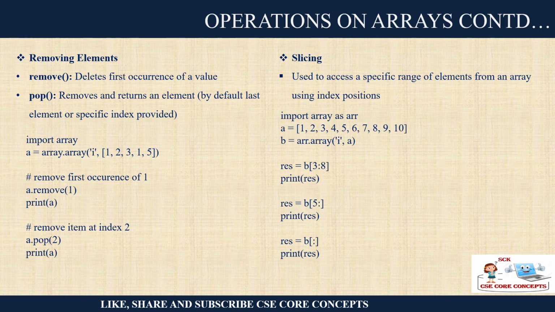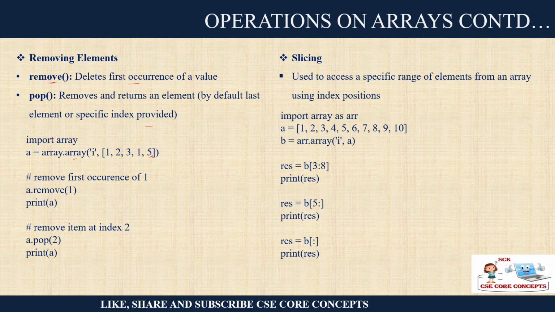If you want to remove the elements, there are two functions available for the array module. One is remove, which will delete the first occurrence of the value. Whichever is the first occurrence, that will be removed. And pop will remove and return, by default the last element. And if you specify the index number, it works based on that index number.